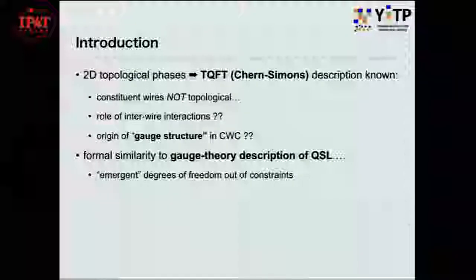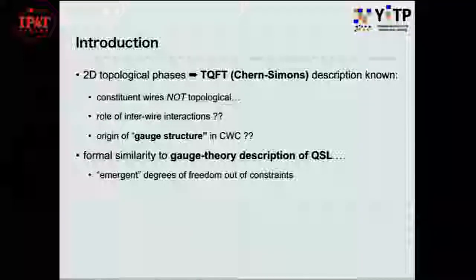Okay, but on the other hand, we know two-dimensional topological phases are usually described by some kind of topological quantum field theories. But on the other hand, we know our starting point, coupled wires, are not at all topological. So the natural question to ask is: what is the mechanism of stabilizing highly non-trivial topological phases starting from this non-topological array of quantum wires?